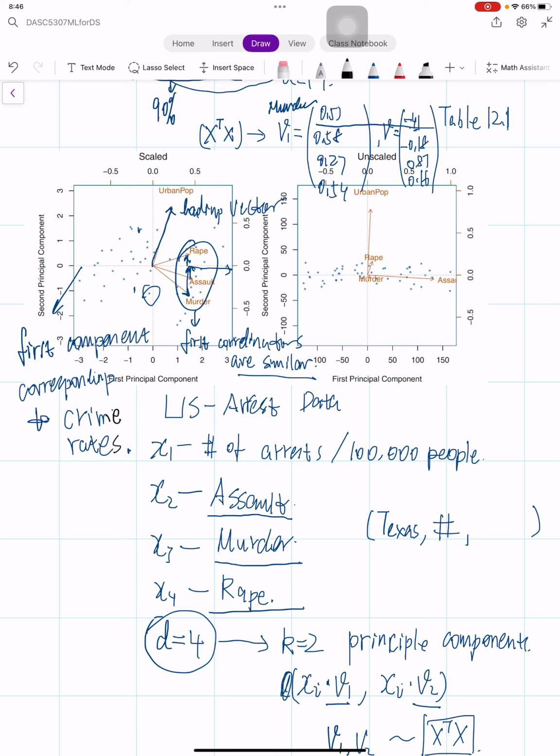And for the second component, the urban population has the largest loading. So the second component may be related to the population living in urban areas.